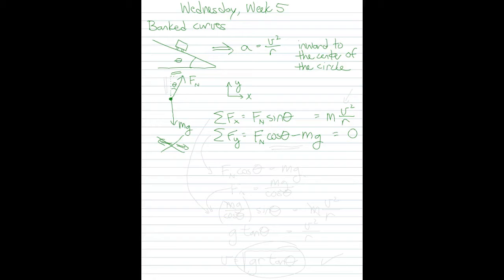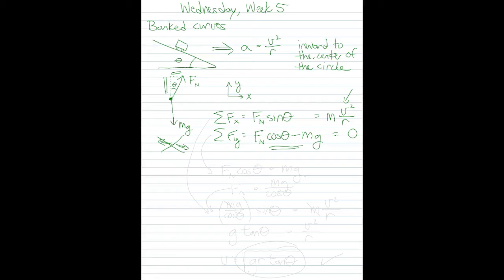So we can start to see now already how this is even possible. The force that's in the horizontal direction is the force that provides the centripetal acceleration. But the rest of the normal force in the vertical direction has to balance out gravity. Okay, so we'll just keep going with this and see what we get.